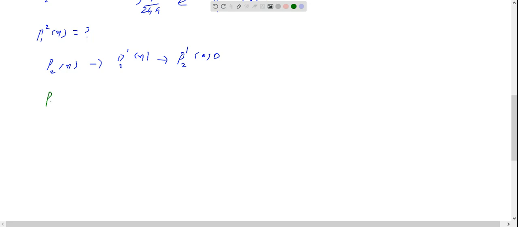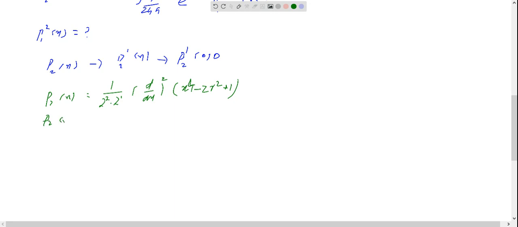Therefore P2(x) equal to 1 out of 2 square into 2 factorial into the derivative d out of dx of (x^4 minus 2x square plus 1).